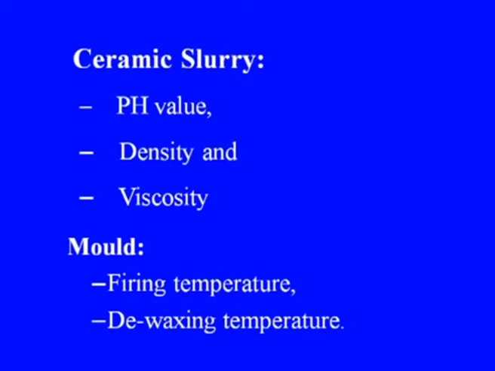Then mold based parameters include firing temperature and dewaxing temperature. Thus, it indicates that the following process parameters have an effect on the quality of the wax patterns with respect to dimensional accuracy and surface roughness made from the dies.